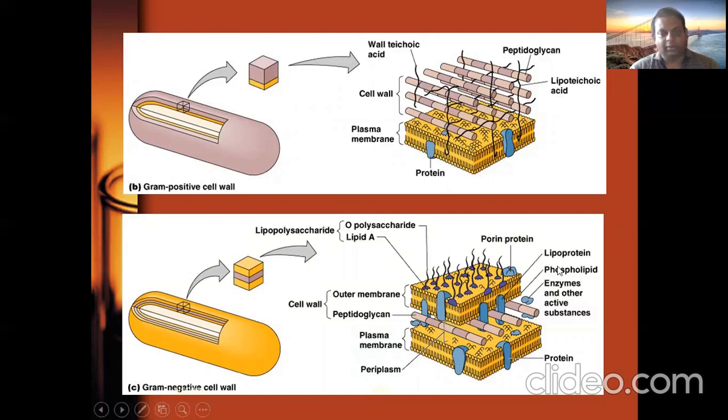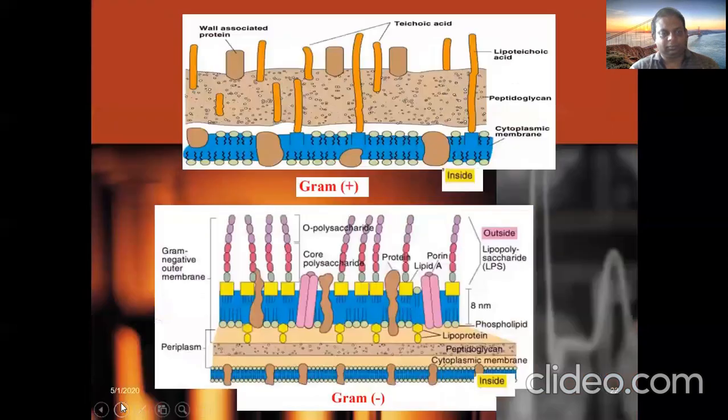There are lipoproteins, phospholipids, enzymes, and active substances. You can see the pores, proteins, plasma membrane receptors, like this. Further, the gram-positive has teichoic acid, and the gram-negative has lipopolysaccharides.